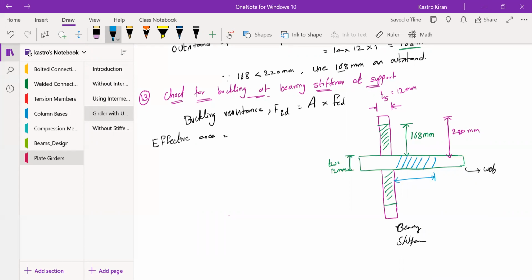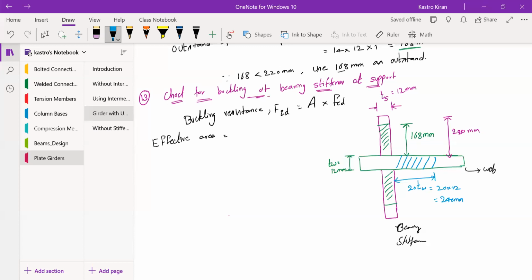We solved this in the previous class. From the edge of the bearing stiffener, you have to calculate the distance, and that distance should be 20 times the thickness of the web. You know the thickness of the web is 12 mm, so that will give you 240 mm.